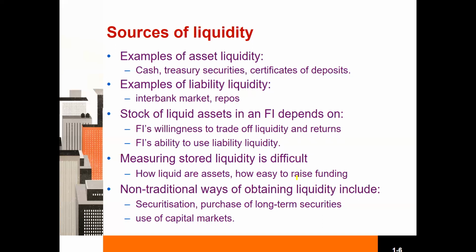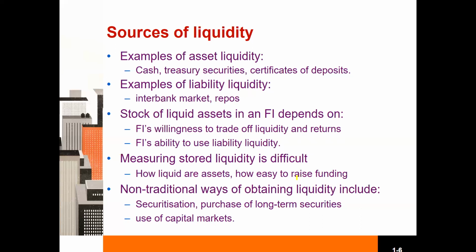The first is the depository institution's willingness to trade off liquidity against return, and the second is the depository institution's ability to use purchase liquidity. These decisions, by and large, depend on the size of the depository institution, its reputation in the market, and related lender confidence in the depository institution.